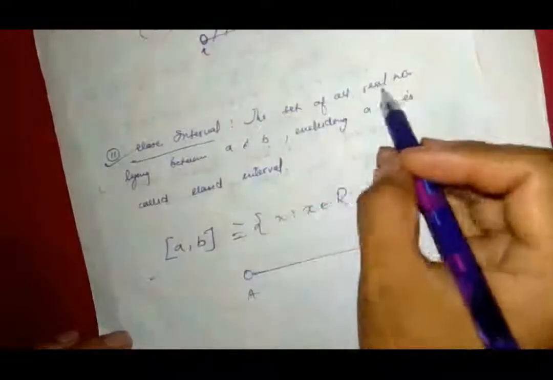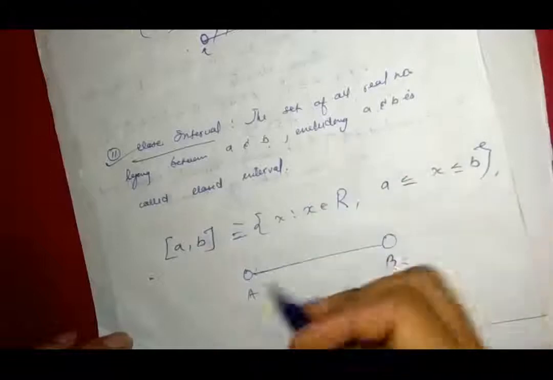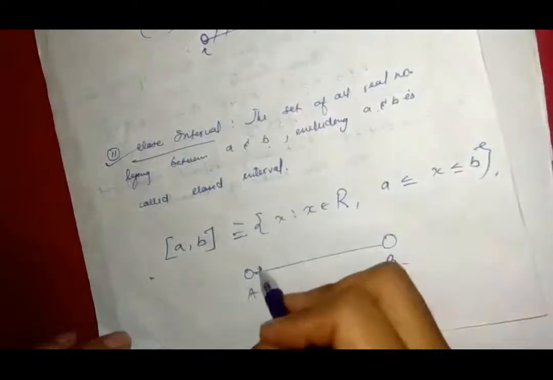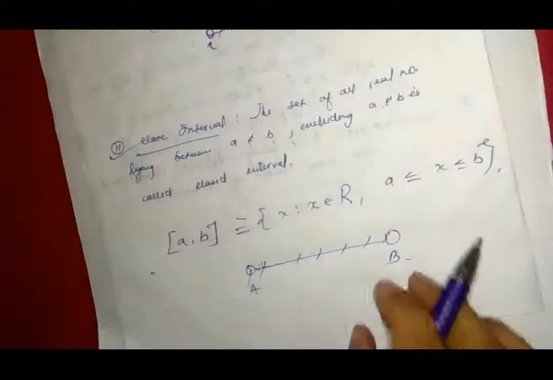Which means the set of all real numbers lying between A and B. So the points lying between A and B are included, and even A and B are also included. So this is the definition for the intervals, that is open interval and the closed interval.